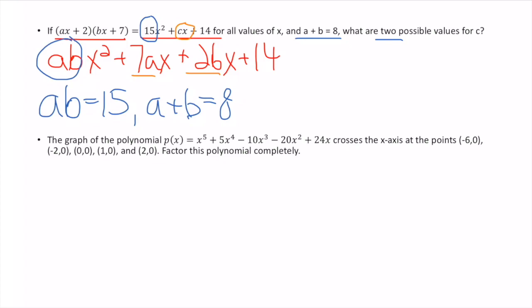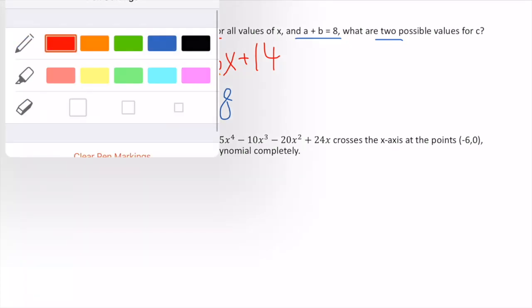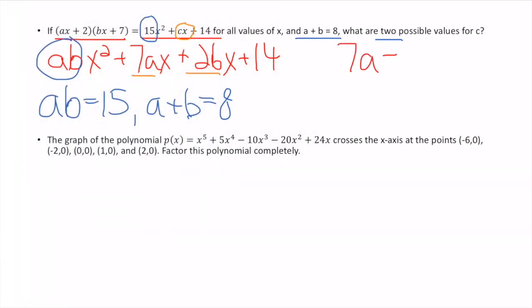So let's say a is 3 and b is 5 for the first one. That ends up being 21 plus 10, which is 31.